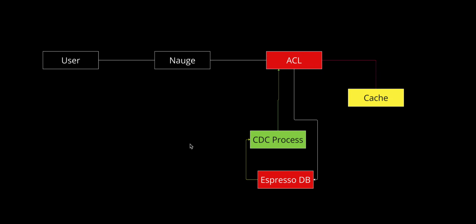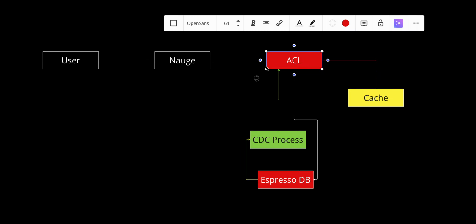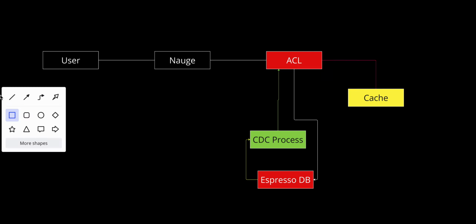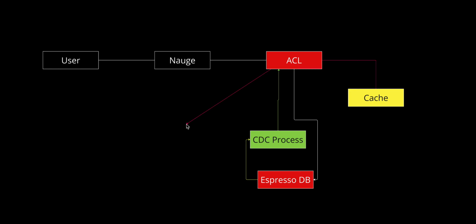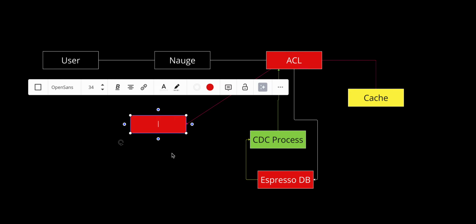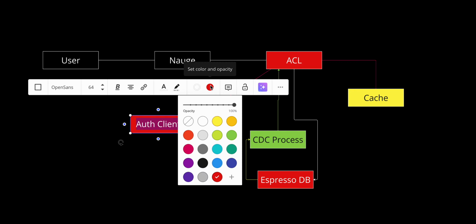The next thing we have, which is the sixth step, will be the auth client. Let's change the colors.